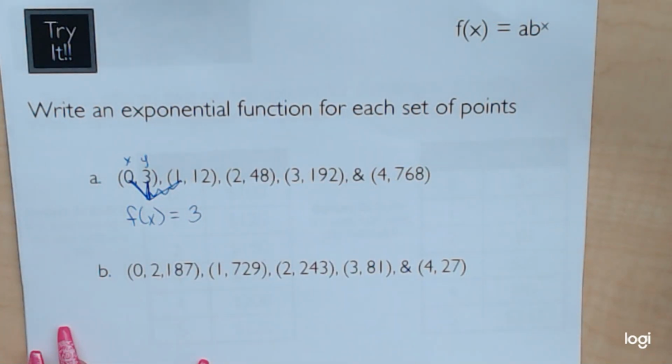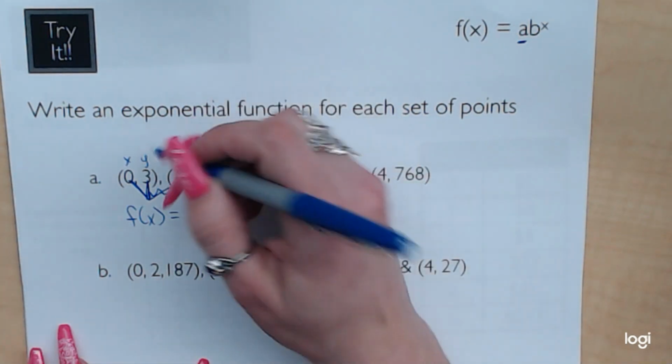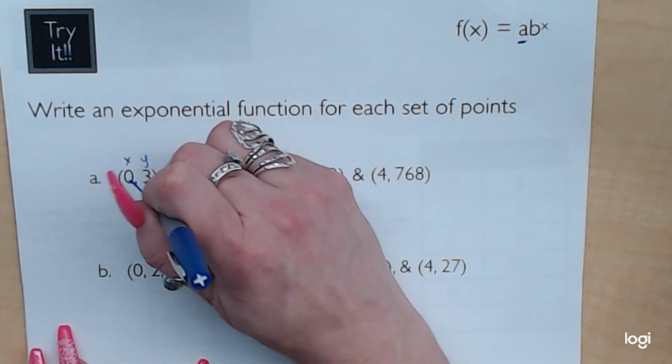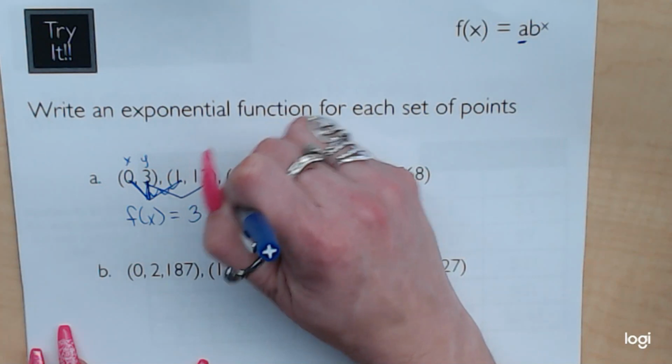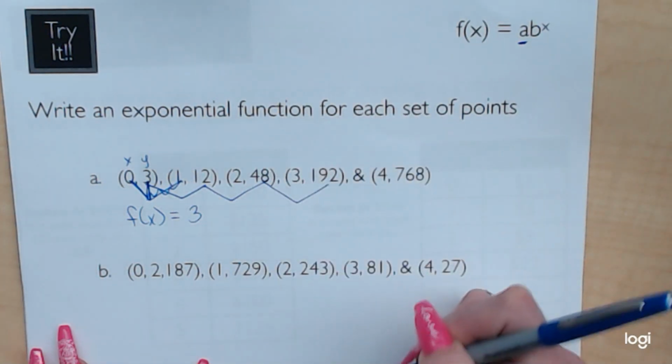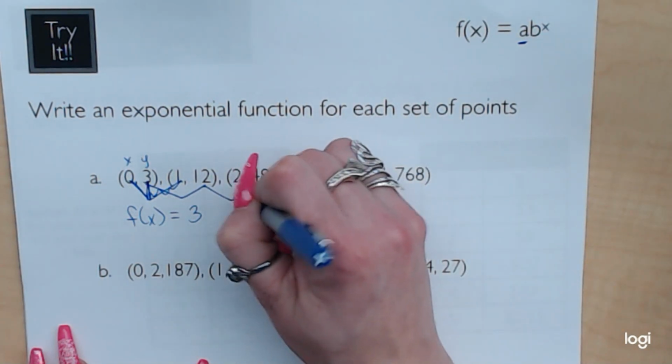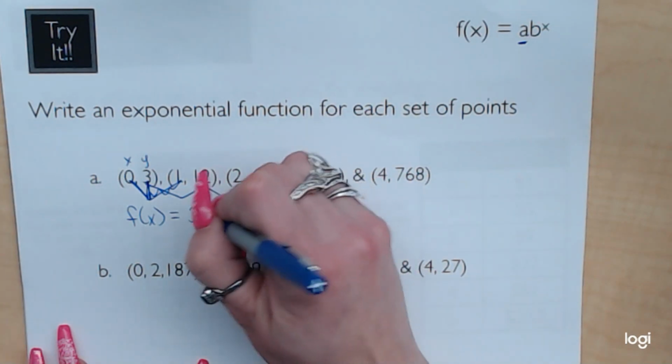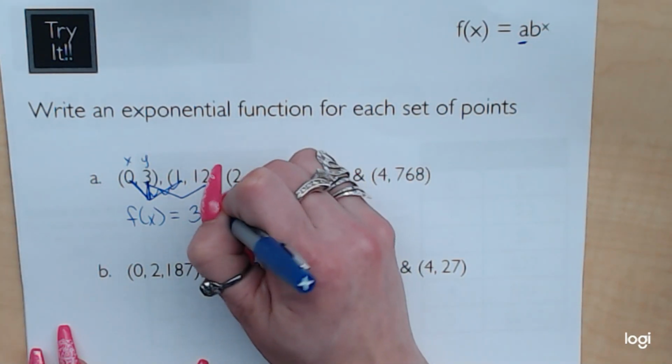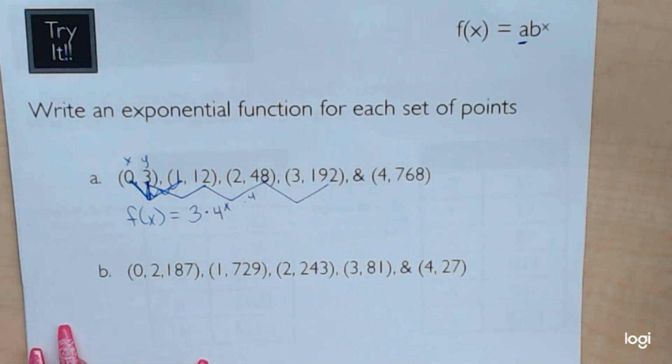That's our a value up here. Now go from y to y to find the pattern. 3 to 12, 12 to 48, 48 to 192. We can see that it's being multiplied times 4. So that is our b value raised to the exponent of x. So 3 times 4 to the power of x is our function.